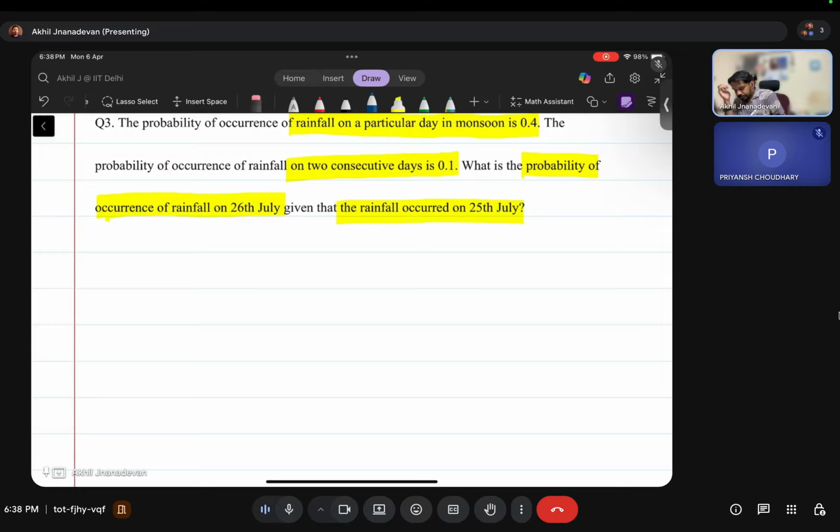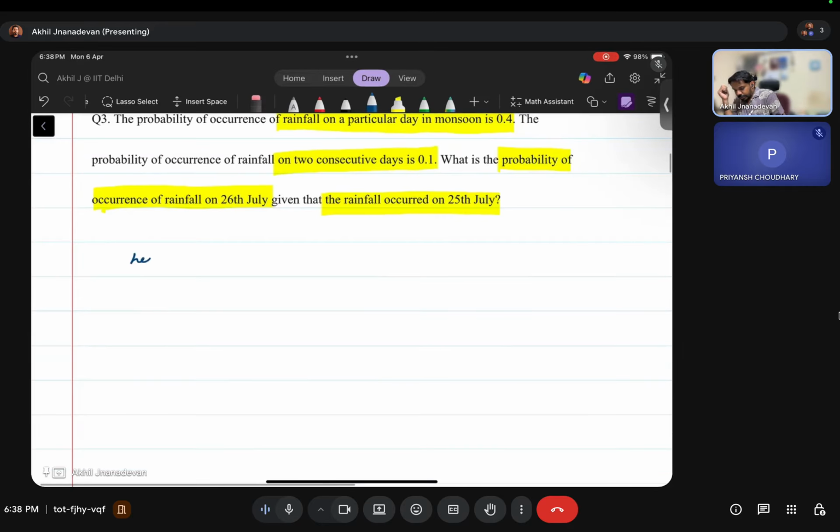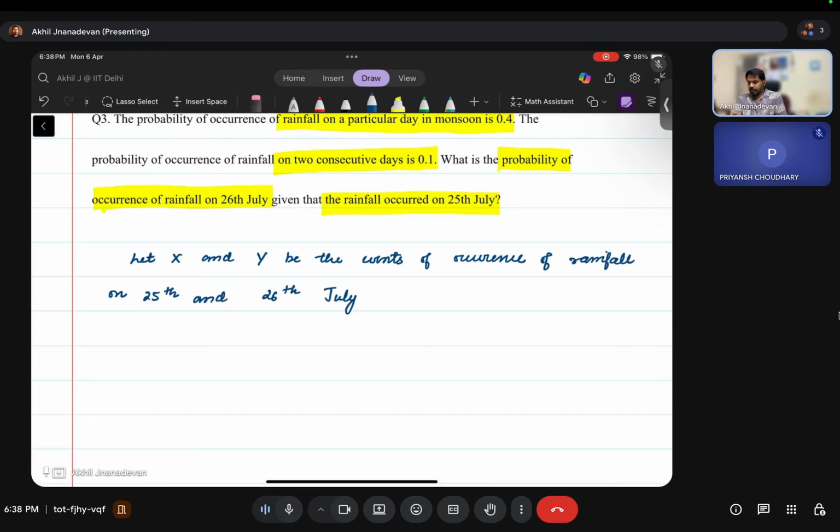Let X and Y be the events of occurrence of rainfall on 25th and 26th July respectively.